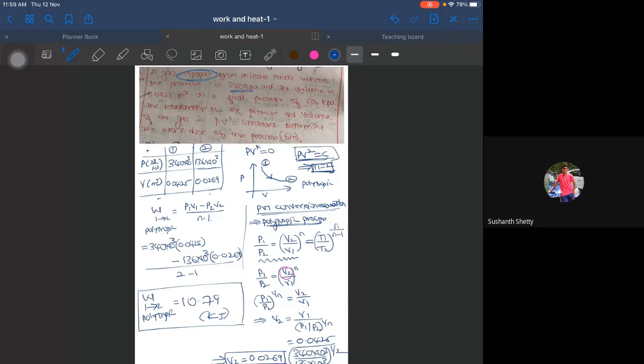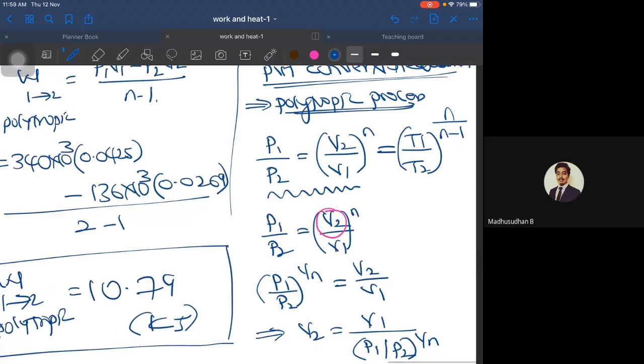Can you please explain how you transfer the power in that P1 by P2? See, here P1 by P2 is equal to V2 by V1 whole to the power of n. If you transfer n to the other side, what does it become? Suppose there is a 2 square here and there is a 4. 2 square is equal to 4, right? If you transfer the square to the other side, it is nothing but the square root of 4, which is 4 to the power of 1 by 2, right?